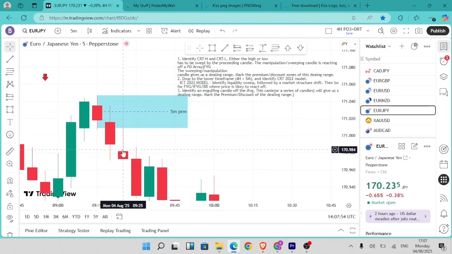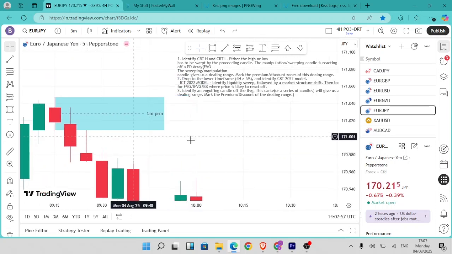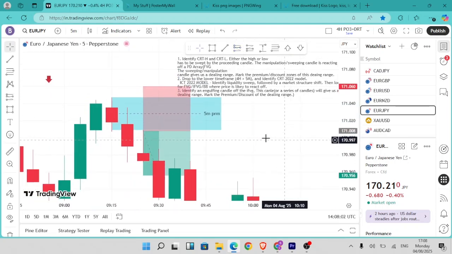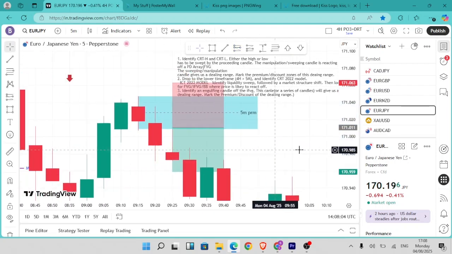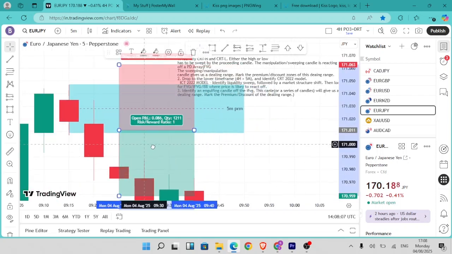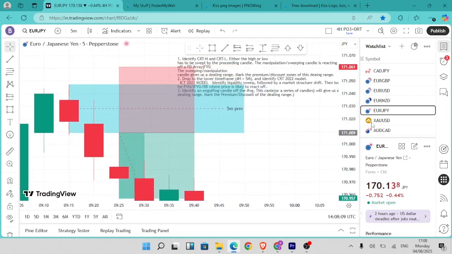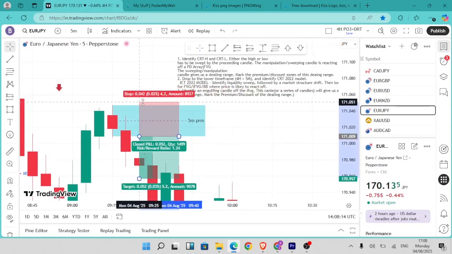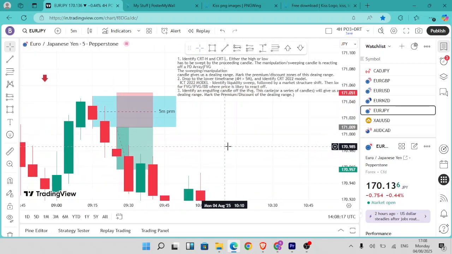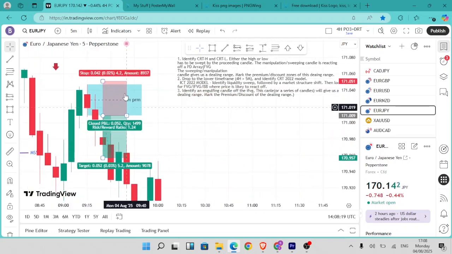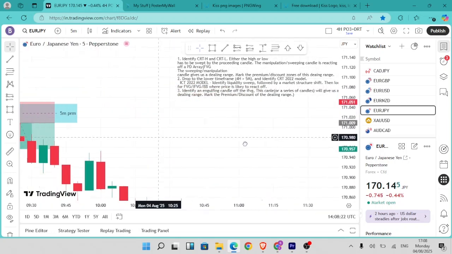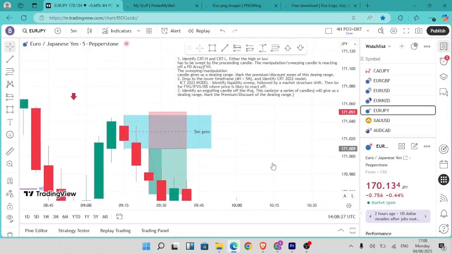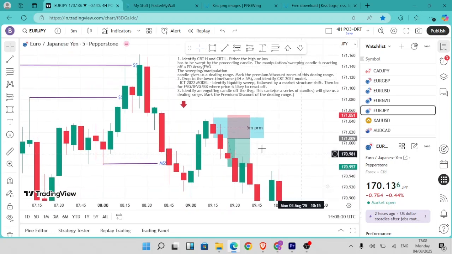So as this 5-minute candle is opening and giving us this wick, we are placing a sell limit at this point, right, on the exact 50% line, and stops right above that premium. Okay, or you can still wait until price comes into this premium and then execute your market order.